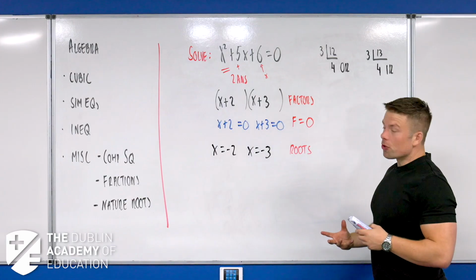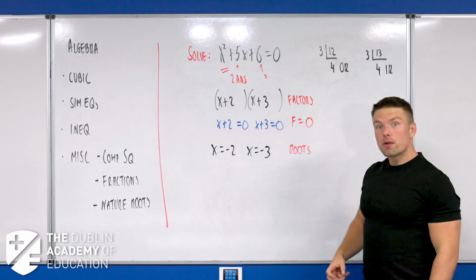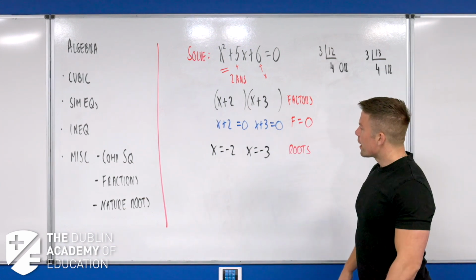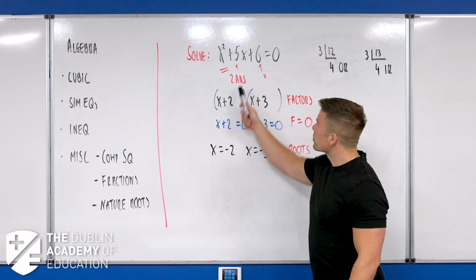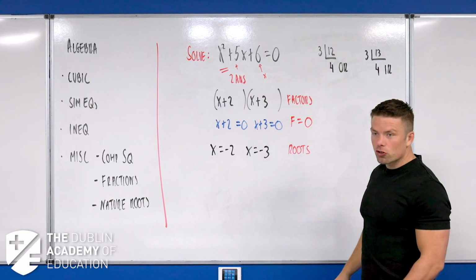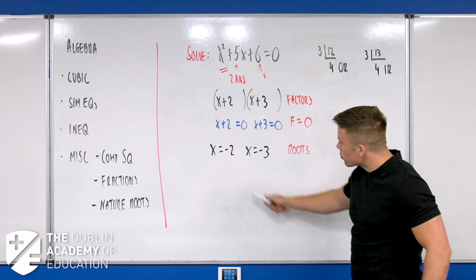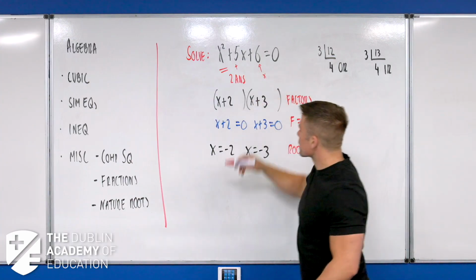What do these roots do? Well, first of all, you can prove something is a root if it satisfies the equation. So imagine the question had said, investigate if minus 2 is a root of this equation up here. If it is a root, it will satisfy the equation. Those are the only 2 numbers in the entire world that will satisfy this equation.